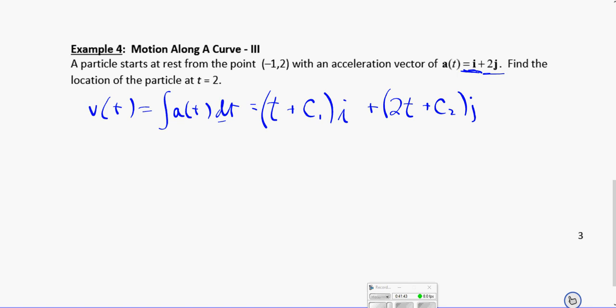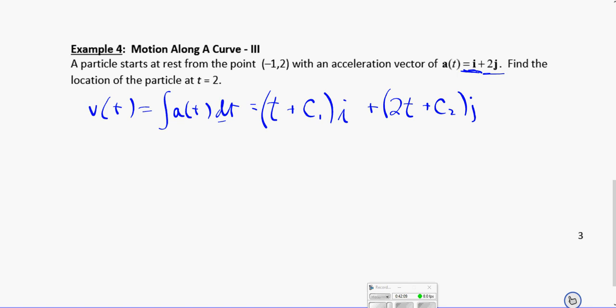And now we're going to find c1 and c2. Ooh, I don't see enough numbers. Starts at rest. It starts at rest, so that tells us the 3 numbers. What are the 3 numbers? Adam, what are the 3 numbers?